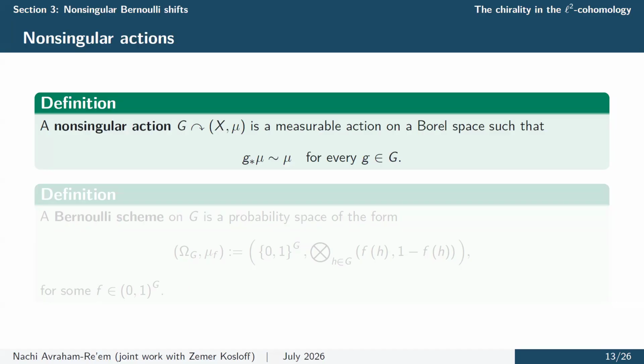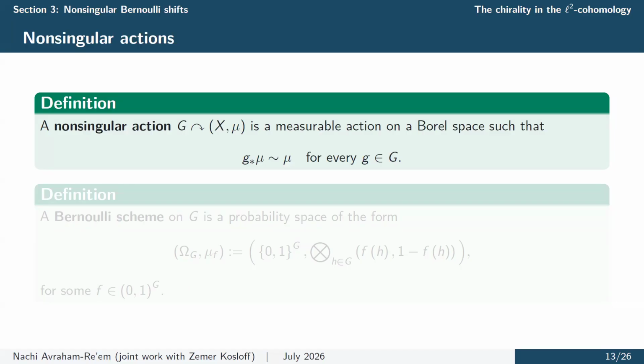So we have a group G and a probability space (X, mu), and by saying that G acts in a non-singular way on this space, I say that G acts in a measurable way on the Borel space X, just a measurable action. And the measure maybe is preserved under the action of G, measure preserving, but it may not be preserved.